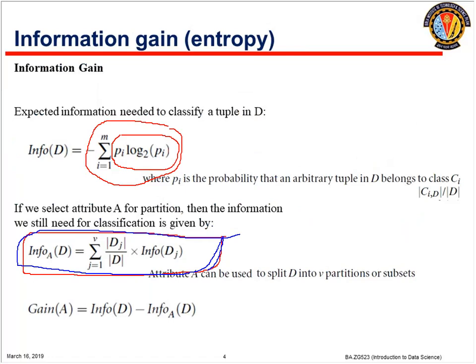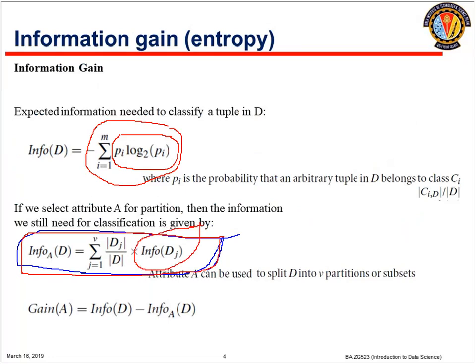Right now you had the complete data set, and out of that 5 have youth. So we calculate 5 by 14 into the entropy for that, provided that you have selected that j.